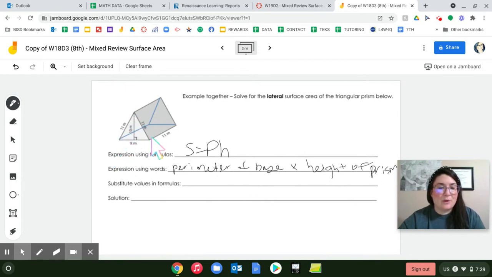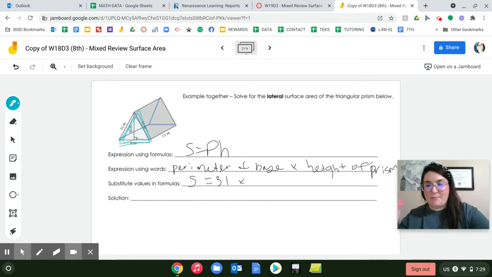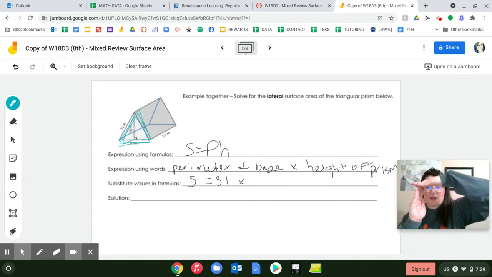The way I find perimeter of a shape is I add up all the sides of it. So 11 plus 11 is 22, plus 9 would be 31, times, and I want to show you something here. If this is my base, the height of the prism, remember, is the distance between the two bases. So think of the Pringles can.